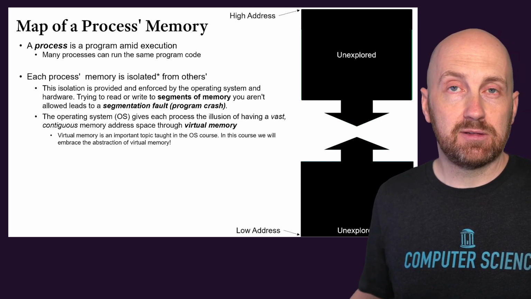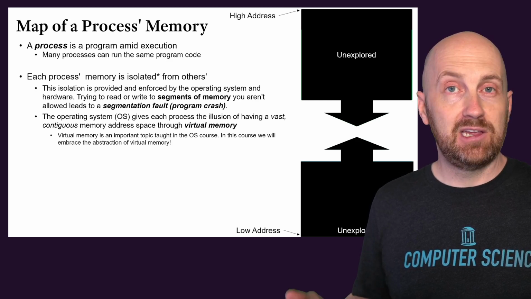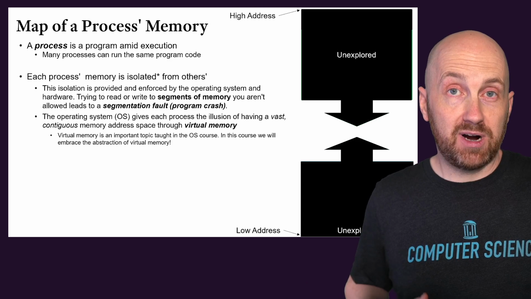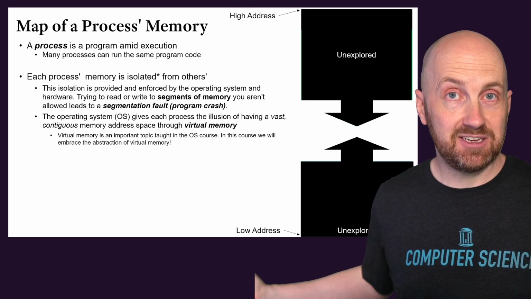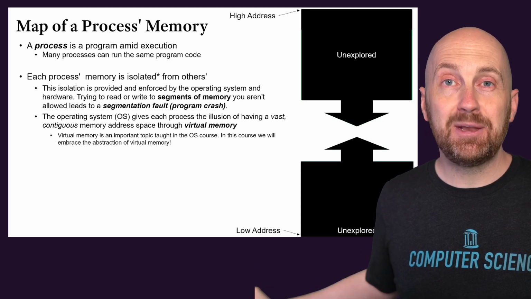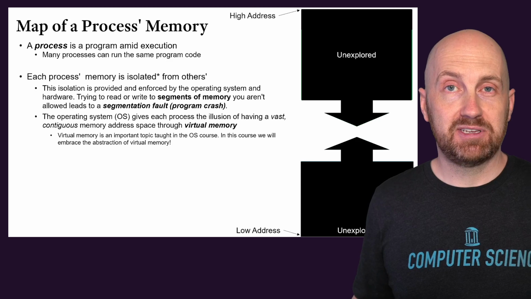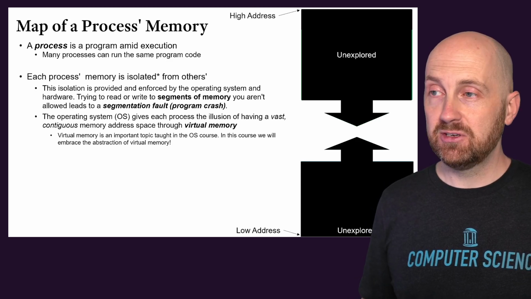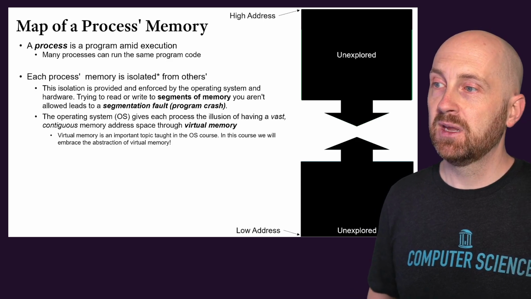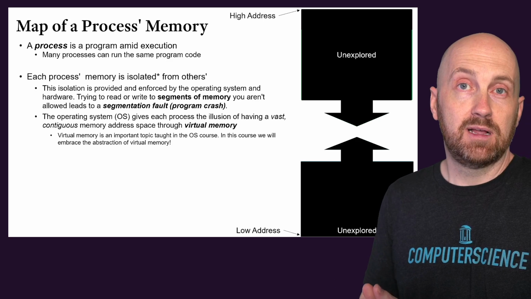This concept is a little bit beyond the scope of what we're looking at today, but virtual memory is an abstraction that our operating system gives us that allows processes to believe they have access to the entire range of a computer's memory, independent of all the other processes that are running. Somehow the operating system provides this abstraction such that you really don't have to worry about other programs in their memory space.